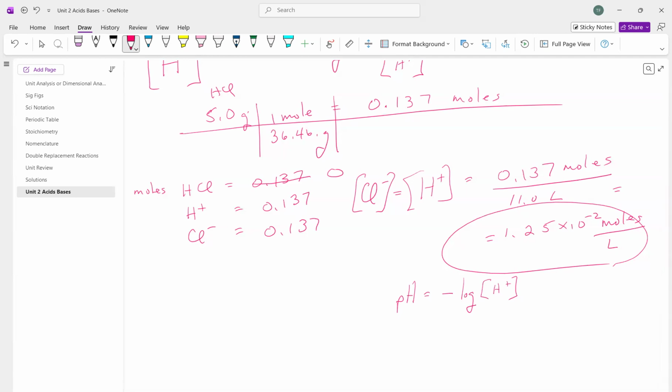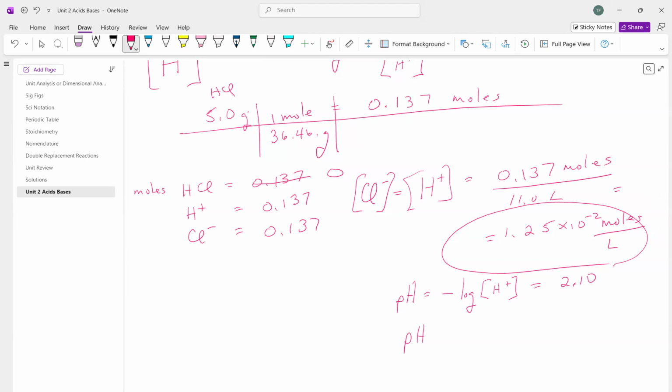So on my calculator, you go... Now pH has no units.